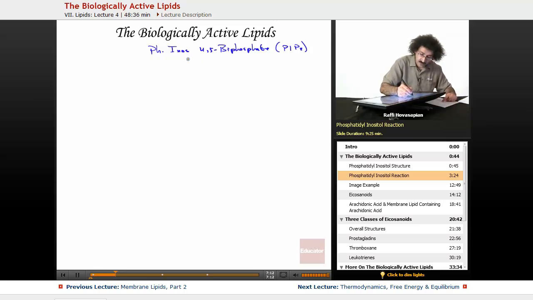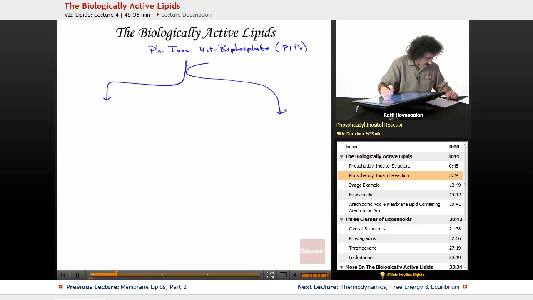So I'm going to draw it this way. I'm going to make a little more room because I want to write right above the line. So here, I'll do this one in red. An enzyme.